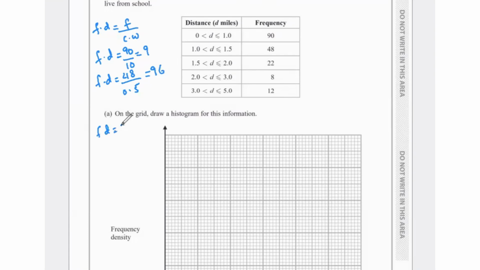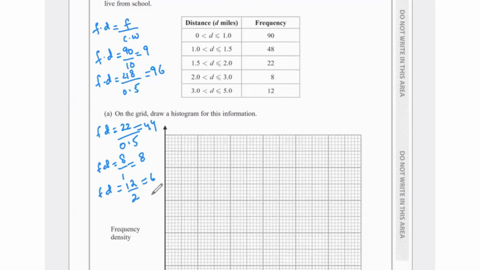Then 22 over 0.5, that's 44. Then 8 over 1, which is 8. And lastly, 12 over 2, which is 6.